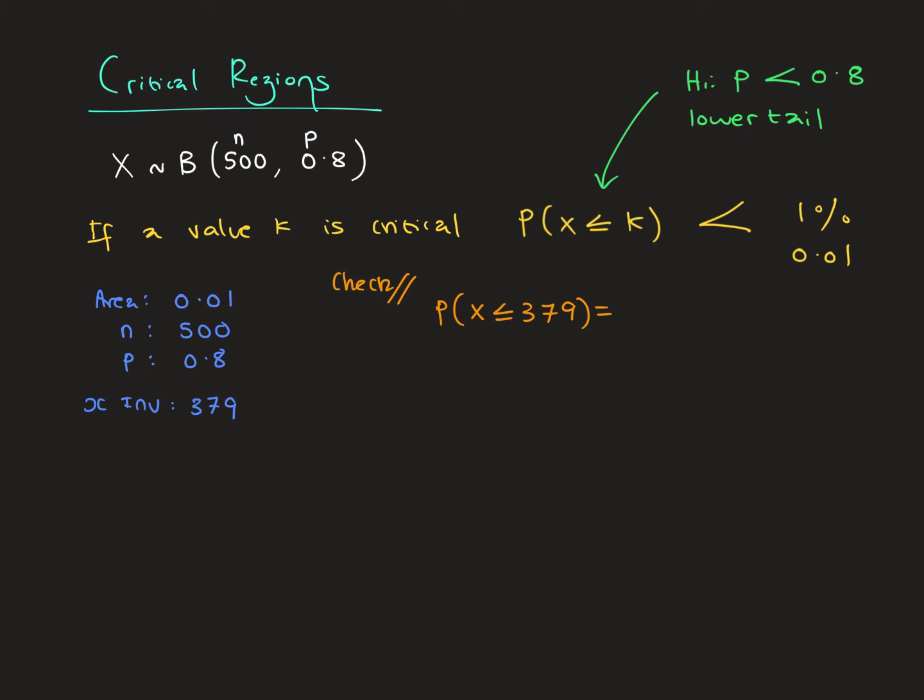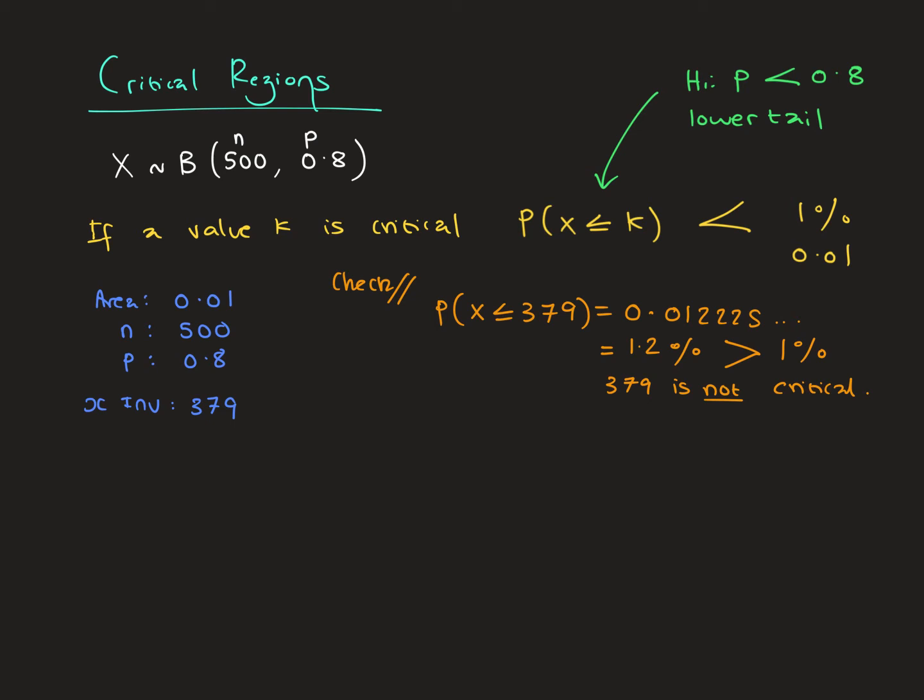And if I work that out, the probability that X is less than or equal to 379 is equal to 0.01225..., which is equal to 1.2%, which is greater than 1%. So that tells us that 379 is not a critical value. That means anything that's 379 or above will not be small enough to be critical.